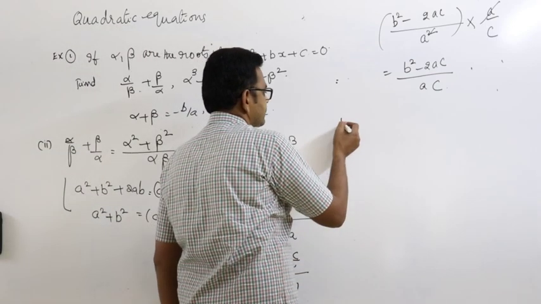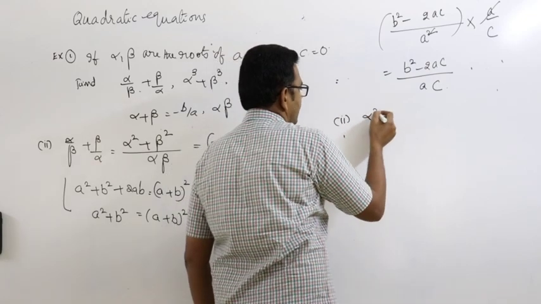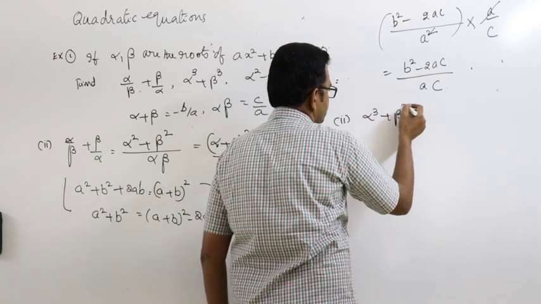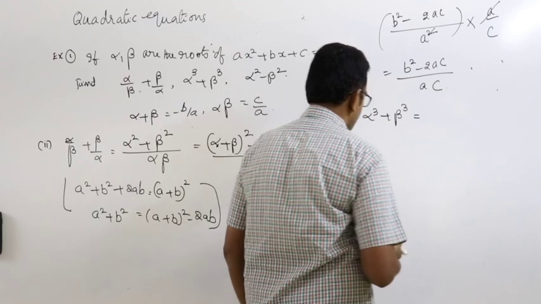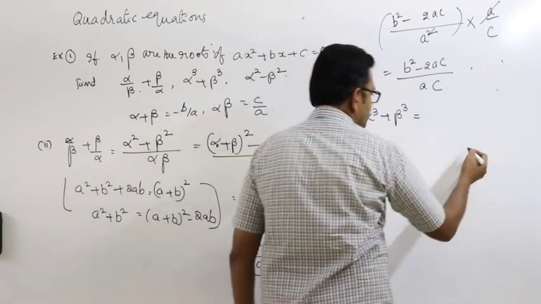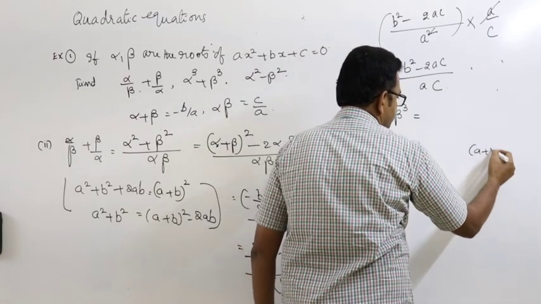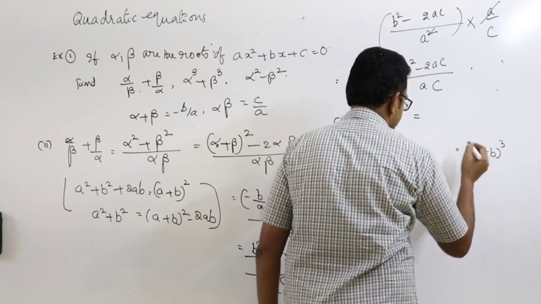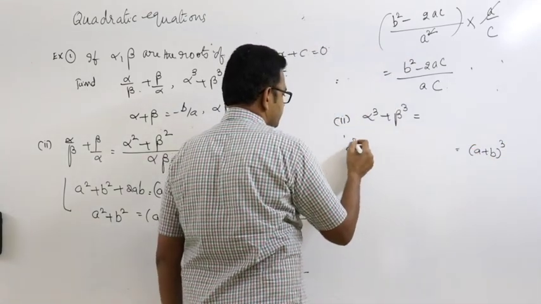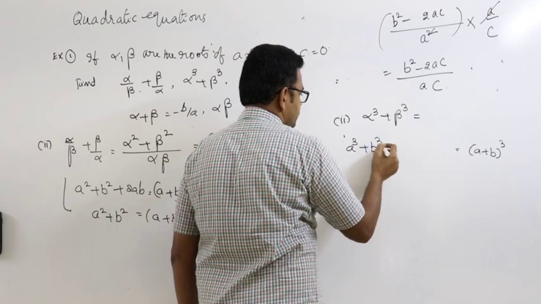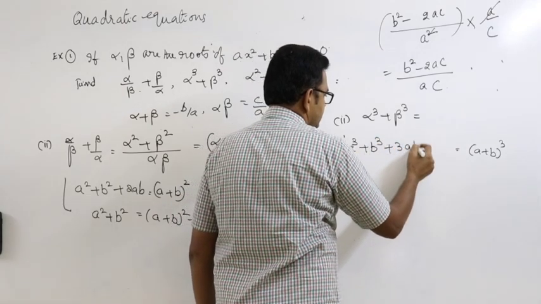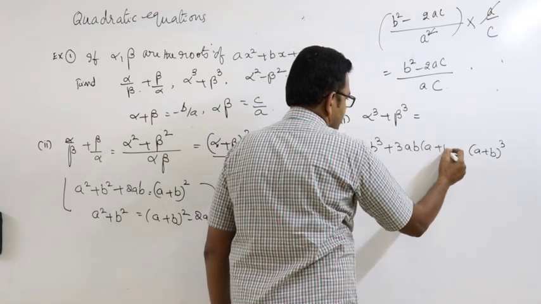And the second one, alpha cube plus beta cube. You know the formula of a plus b whole cube: a cube plus b cube plus 3ab into a plus b.